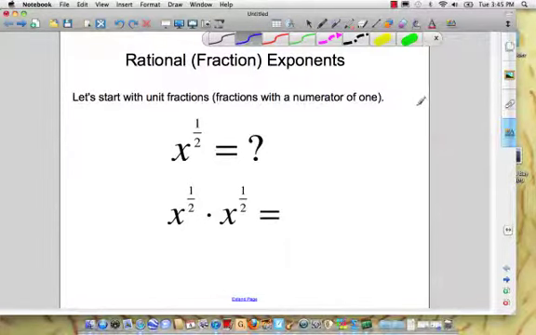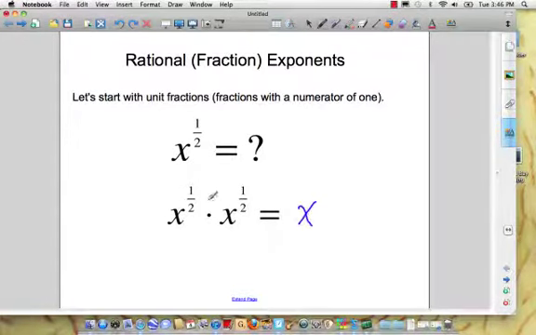Well, we know from our exponent properties that when you multiply with the same base, you add the exponents. 1/2 plus 1/2 is 1 whole. So if you think about what that's saying, x to the 1/2 should multiply by itself to give you x to the first, or x. So essentially, x to the 1/2 is the same thing as the square root of x.